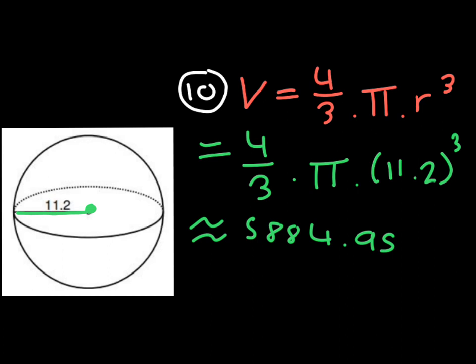And for this example, they didn't tell us what the units were. They didn't tell us if we were dealing in centimeters or inches or meters, so we are going to say units. And since we are still dealing with volume, which is a 3-dimensional element, it is units cubed. And that is a final answer for question number 10.